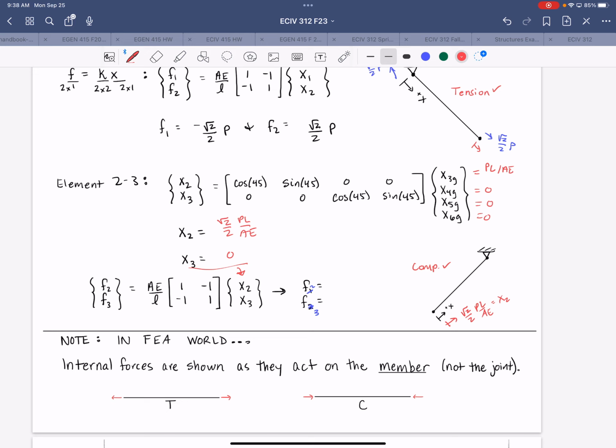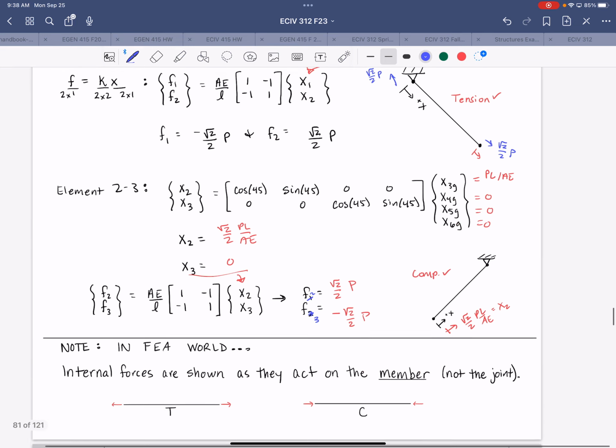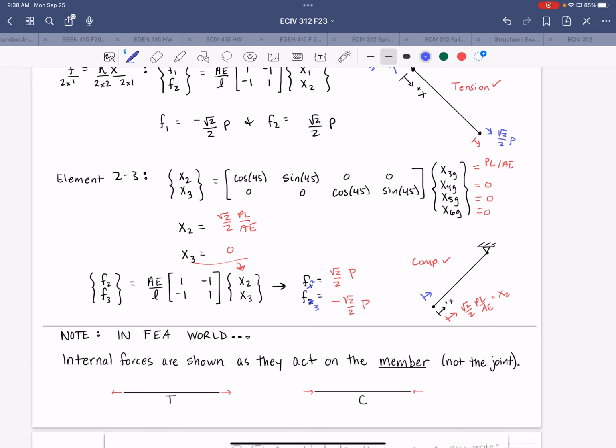So F2 is square root of 2 over 2 times P, and F3 is negative square root of 2 over 2 times P. So again, interpreting that, at node 2 we have the positive direction, and at node 3 we have the negative direction, which is consistent with compression.